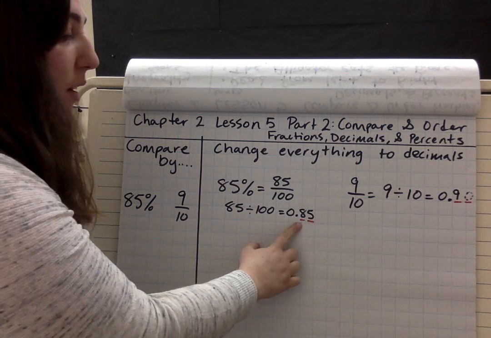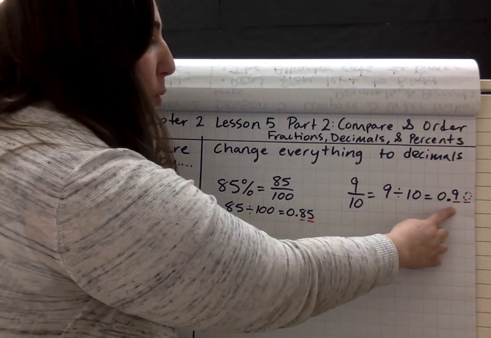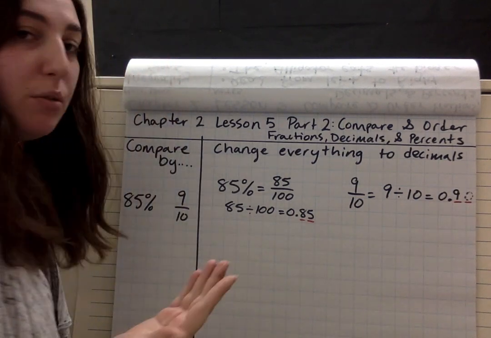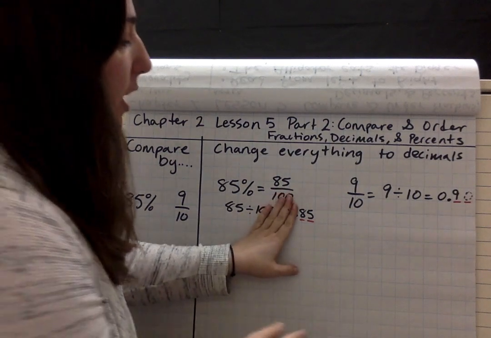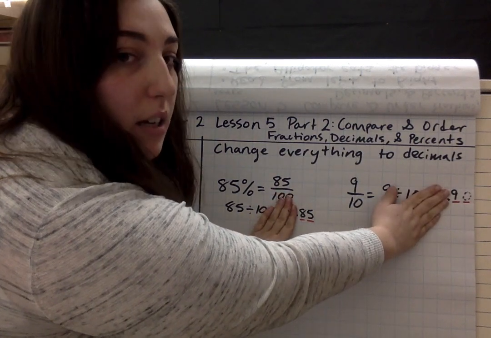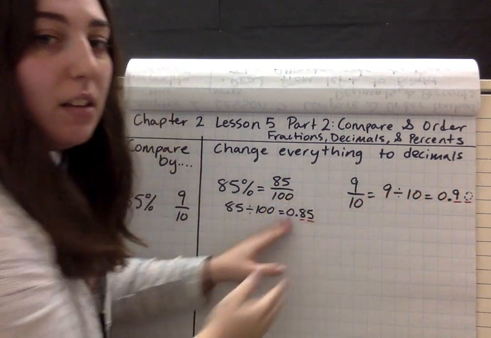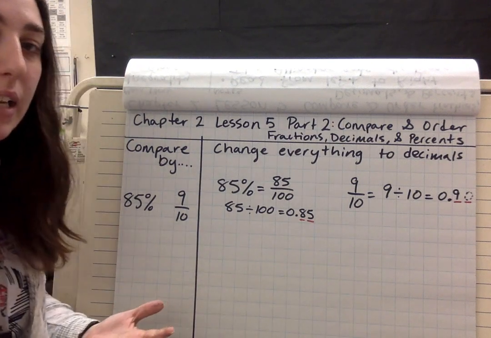So now we're comparing 0.85 to 0.90. So which one's larger? Well, if we just look at it like this for a second, is 85 or is 90 larger? Well, we would say 90 is larger, right?